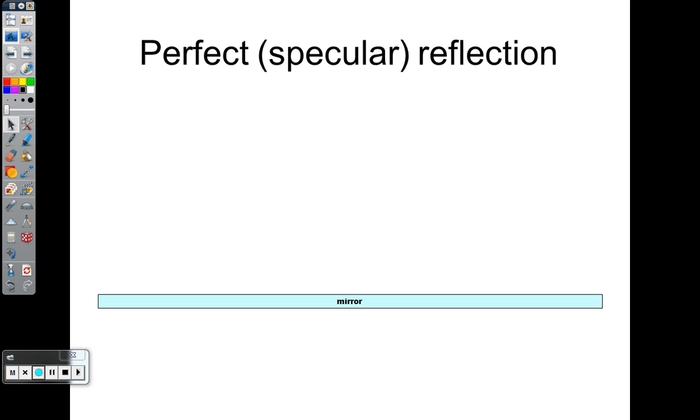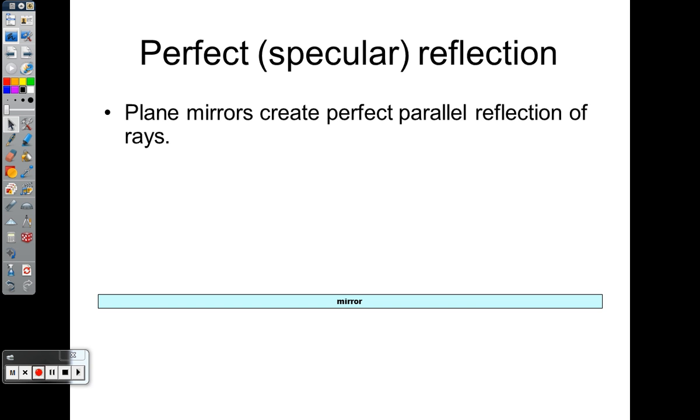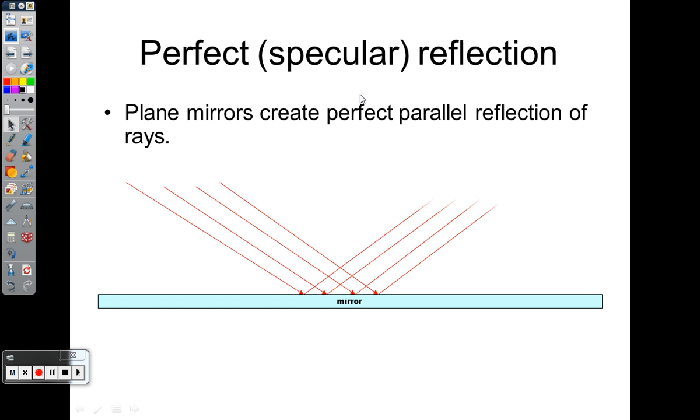Okay, let's go back and look at our perfect reflection again. So, when we have our light rays hitting our mirror, and you did this in the lab as well, where are our normal lines?